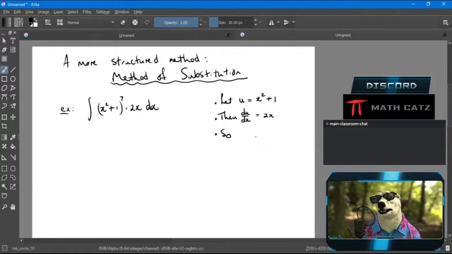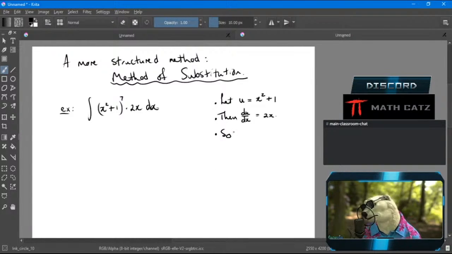Now, the method of substitution is not there to be extremely proper and technically perfect in following the rules. It's there to get the job done. If I write these things in the perfect and most proper way, it's going to look very difficult to understand. This method is trying to make things easier.